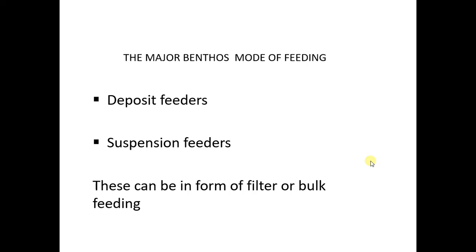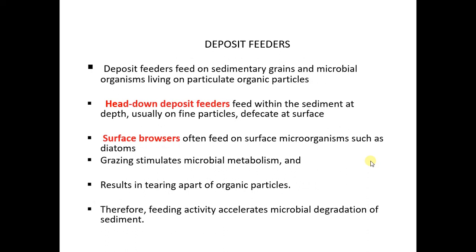Those that feed on the things that are deposited at the bottom are called the deposit feeders. Those that feed on food material that are in the water column are called suspension feeders. These are the two major. Other ones are incorporated into one or two of the aforementioned.